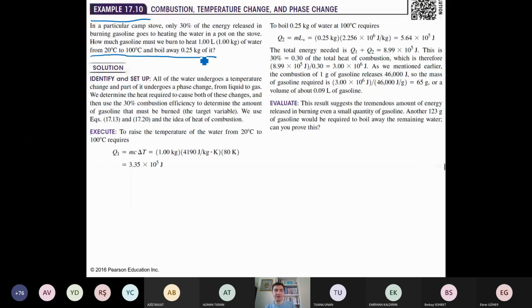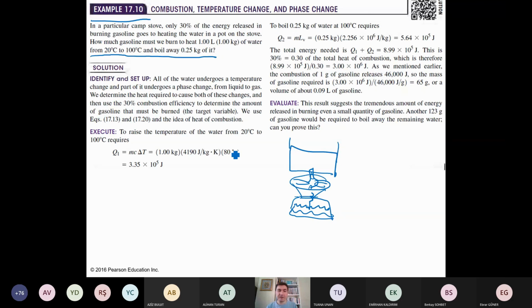So here you have a camp stove, and there is gasoline within this one, and you use this gasoline, and here there is the water, okay?